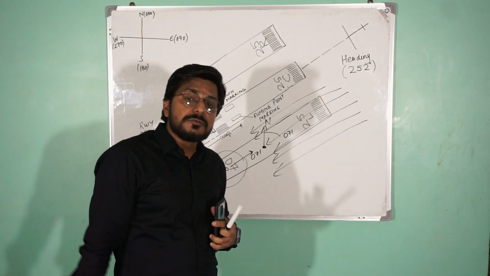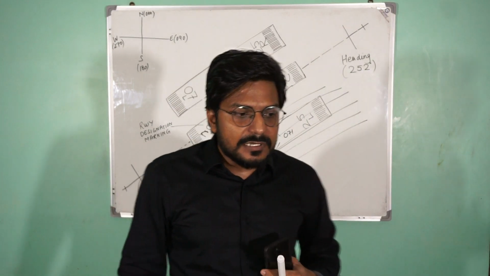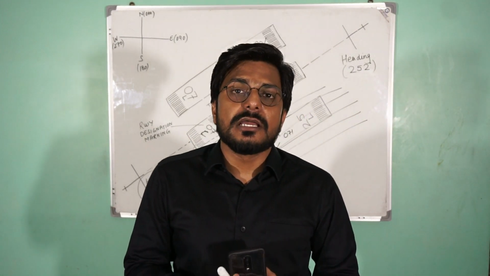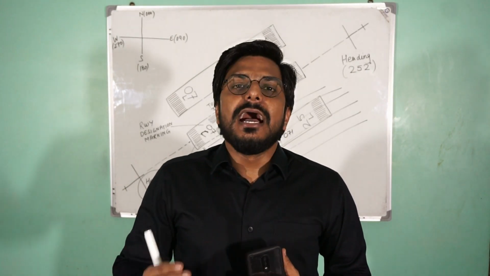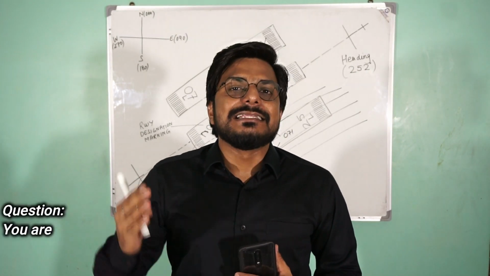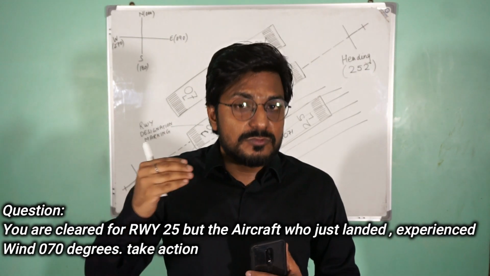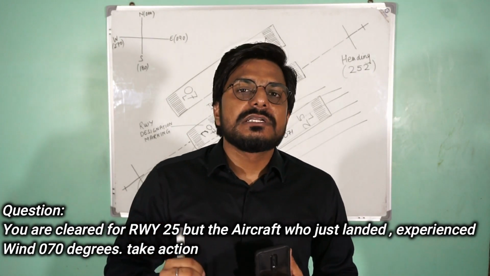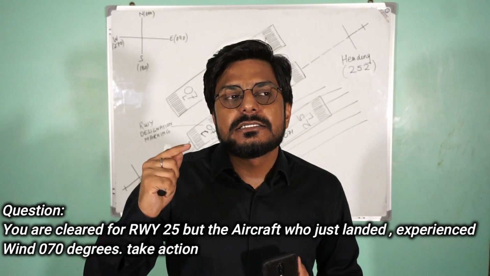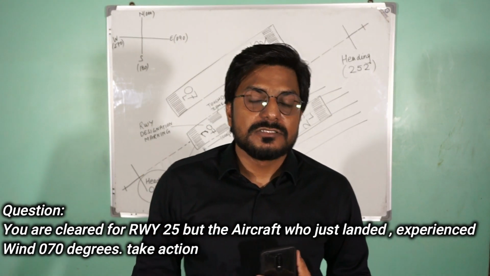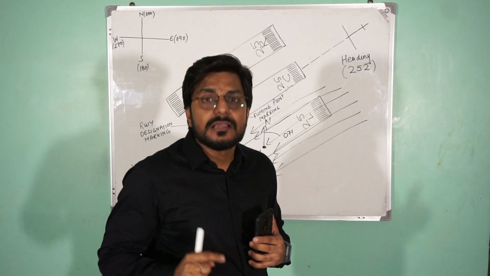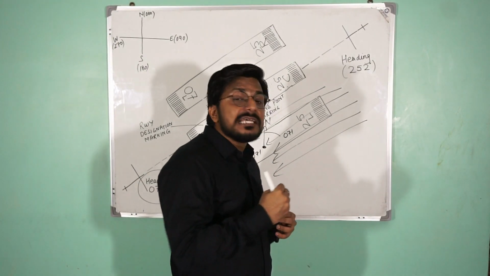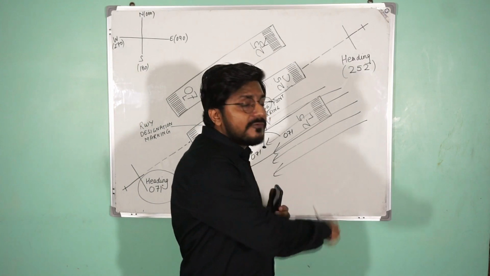Now the question comes: you are approaching, and ATC has given you a clearance for runway 25, and you monitored the aircraft which just landed. He reported wind 07. Suppose you are taking off and ATC has given you a taxi clearance for runway 25.